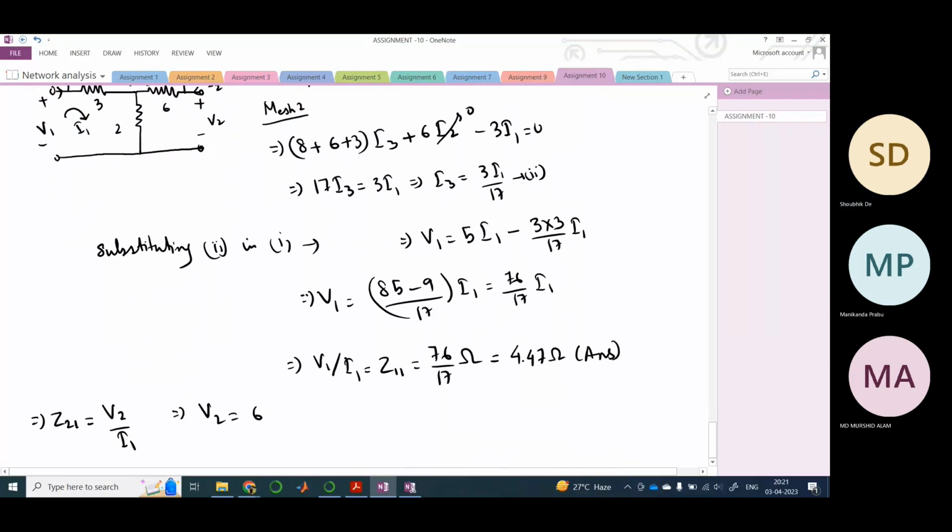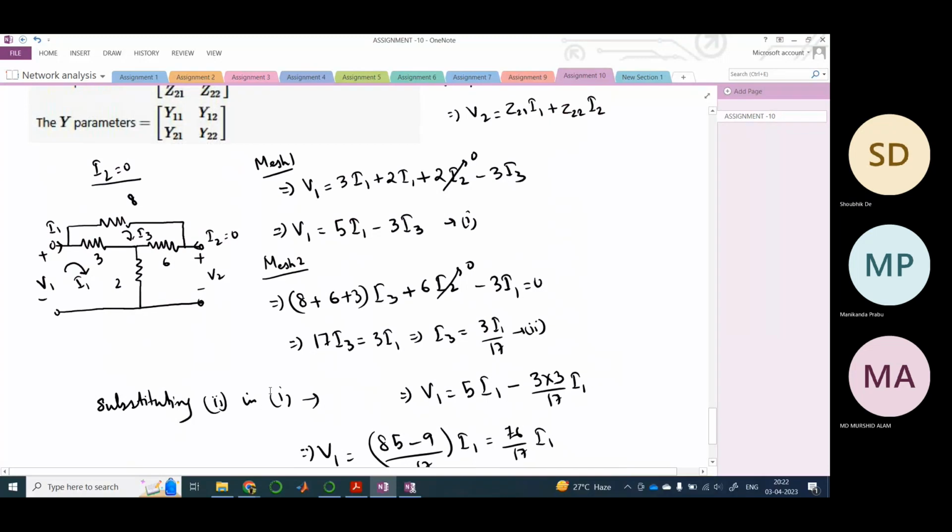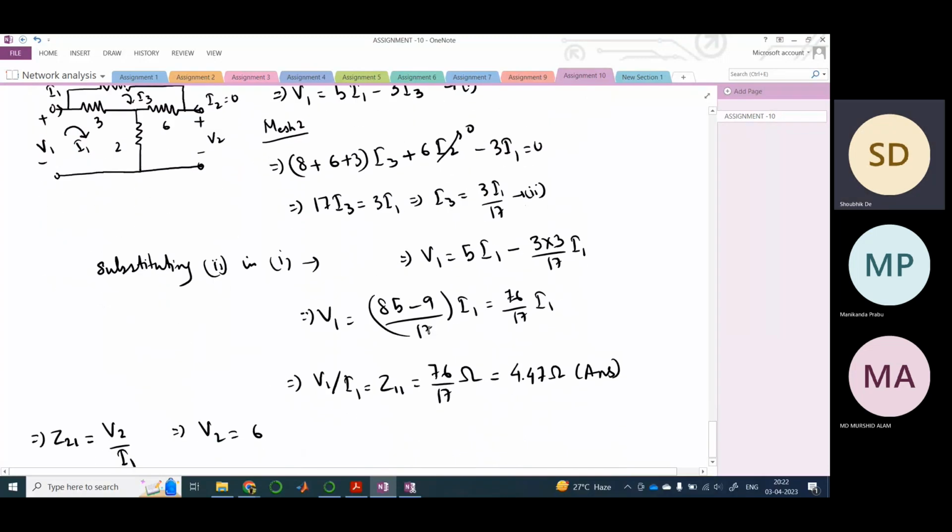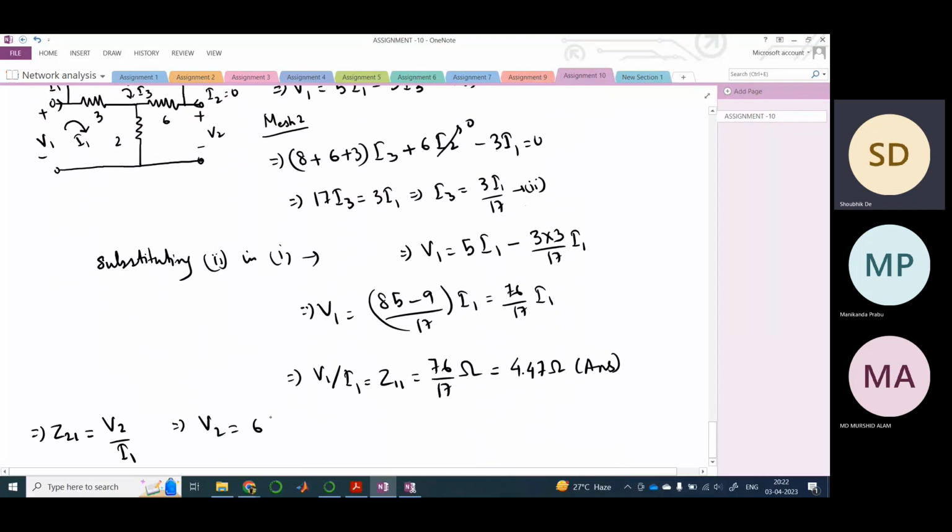V2 is 6 I2 plus 6 I3, 6 both, 6 I2 plus 6 I3 plus 2 I1 plus 2 I2. The signs I won't tell you, you can easily understand. If you have any doubt, you can ask. I won't explain it otherwise because this is simple. You should understand it by now.